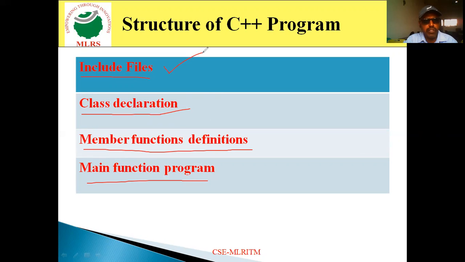Include files means we simply specify the header files, like #include stdio.h in C. In C++, #include iostream, #include iomanip, #include conio, #include string, #include math. Likewise, you can place the include files in this section.